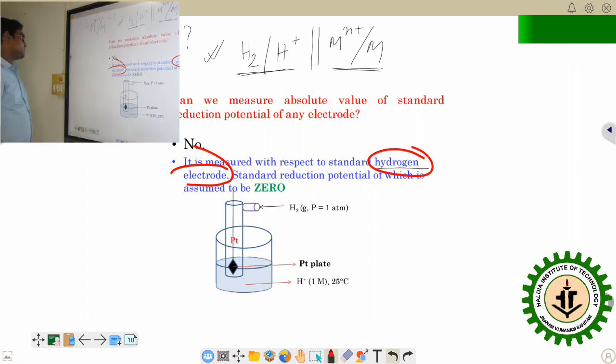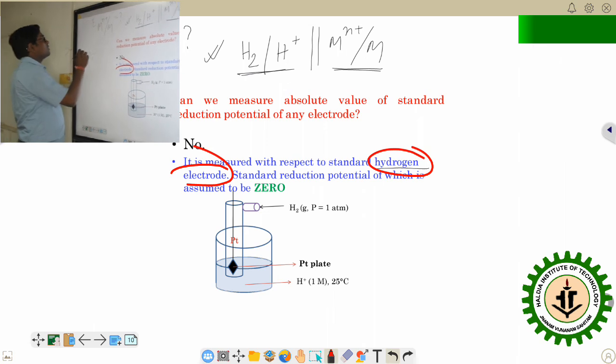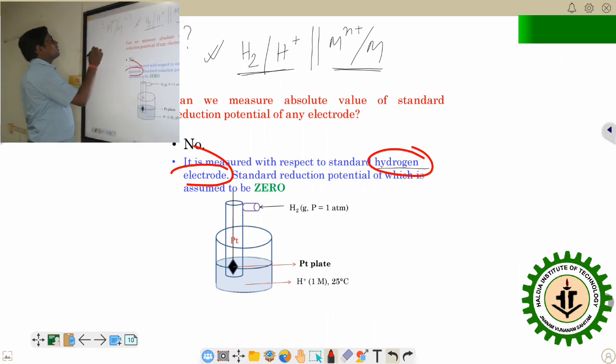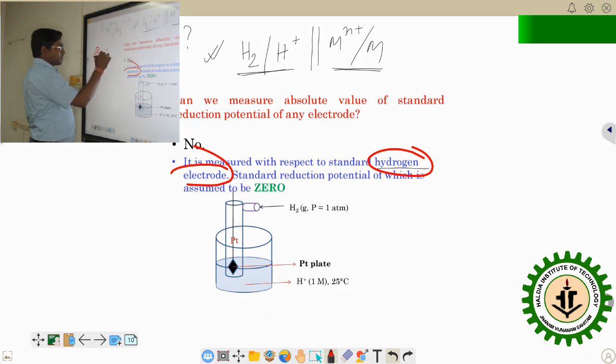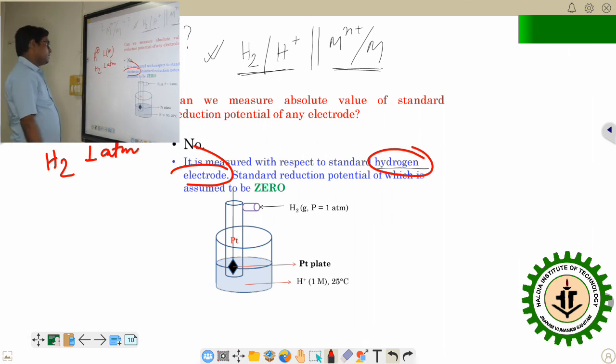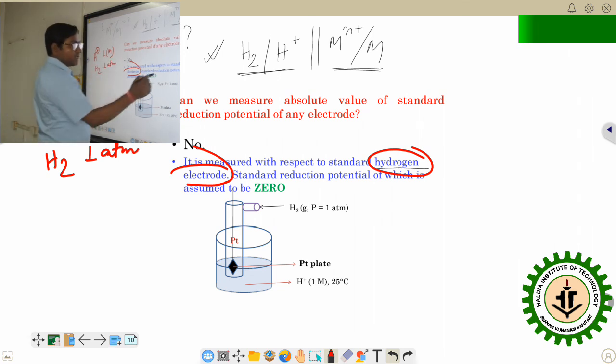Standard condition means, for the hydrogen electrode, H+ should have the concentration 1 molar. For hydrogen gas, its pressure should be 1 atm. If it is the case, that is called what?